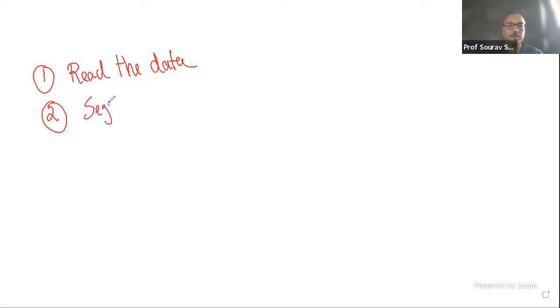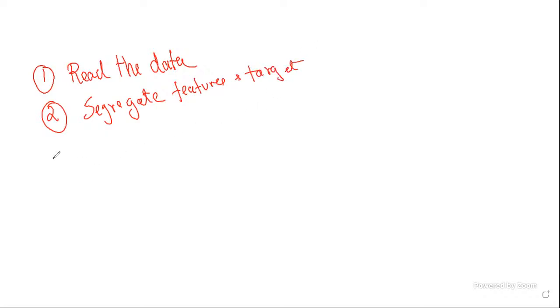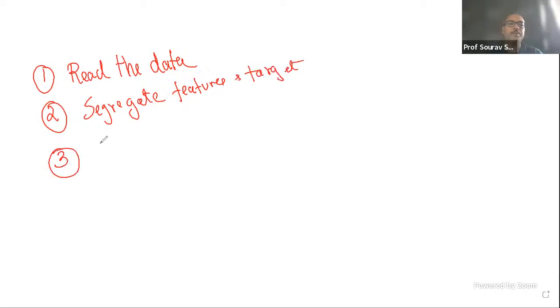Step one, read the data. Step two, segregate features and target. Step three, pre-process the features.